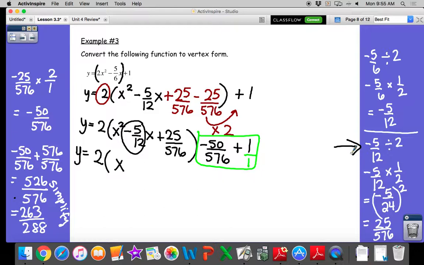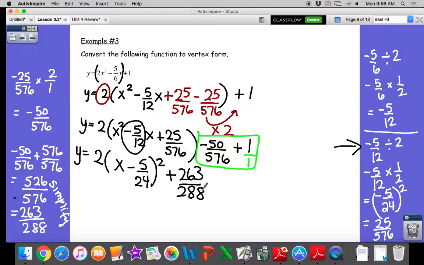By taking the answer of it, you already have that value. So our value would be half of it, which is negative 5 over 24 squared outside the bracket. And finally, our simplified fraction for Q, we're going to add it as 263 over 288.